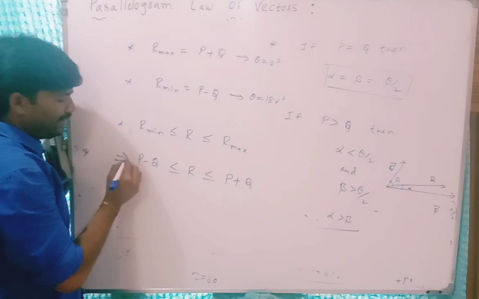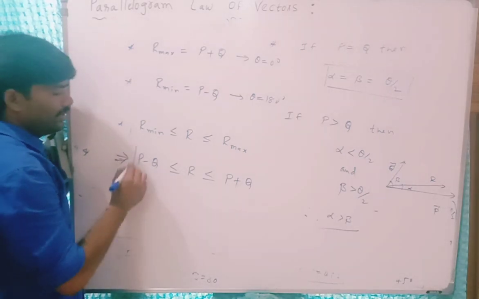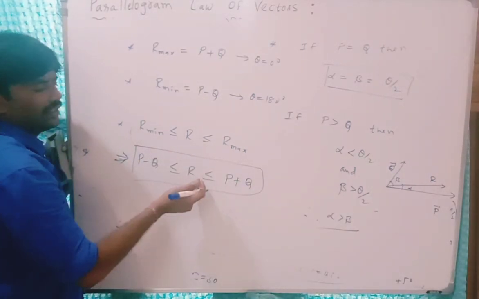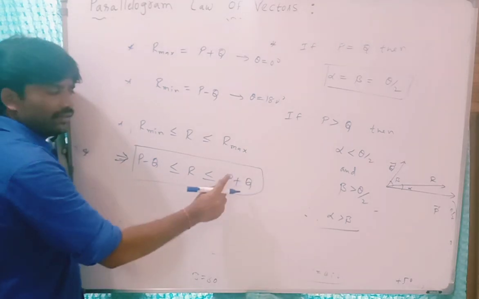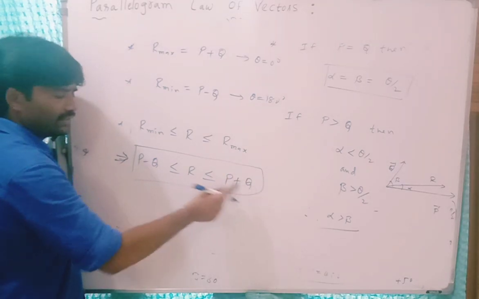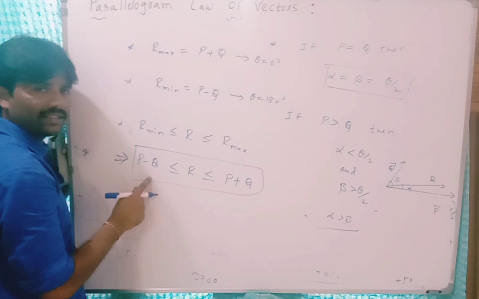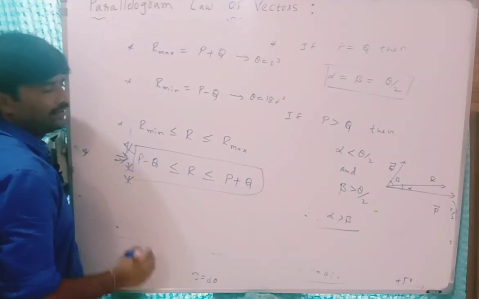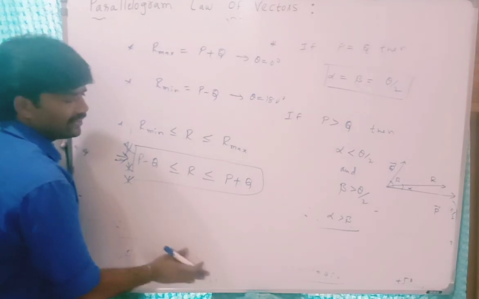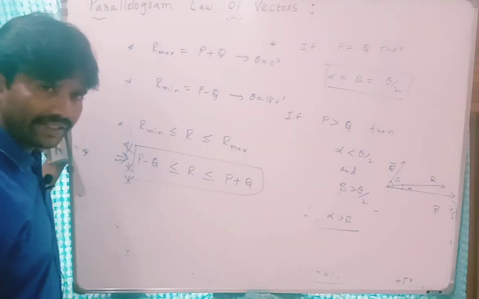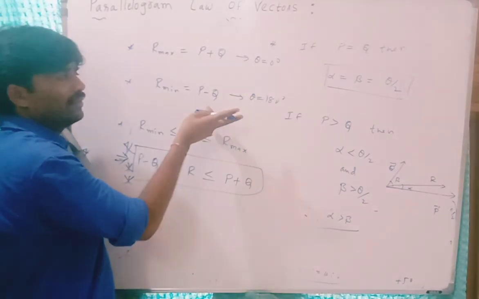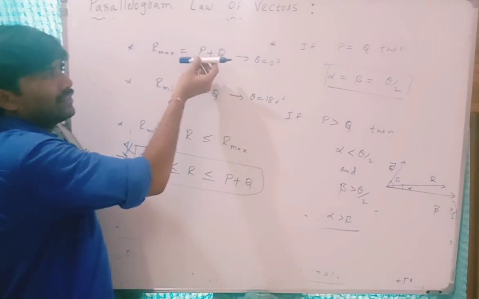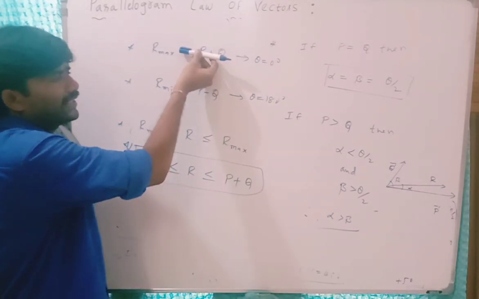So for any given angle between P and Q, the magnitude of the resultant of two vectors is never more than the sum of the magnitudes of the two vectors or less than the difference of the magnitudes. This is very important. So it means what? As the angle increases from 0 to 180, the magnitude of the resultant of two vectors decreases gradually from maximum to minimum.